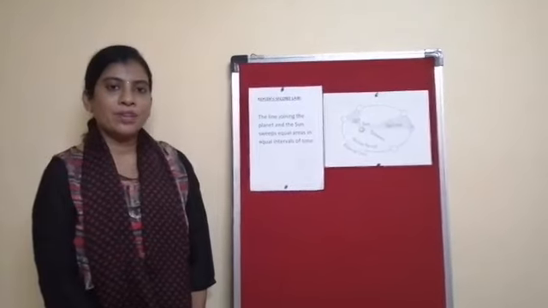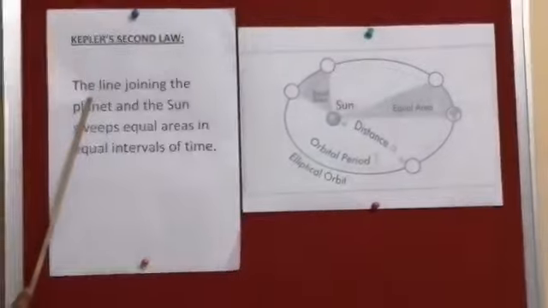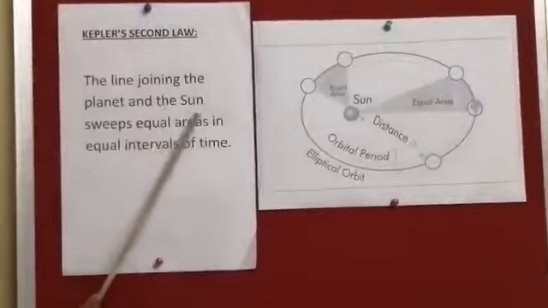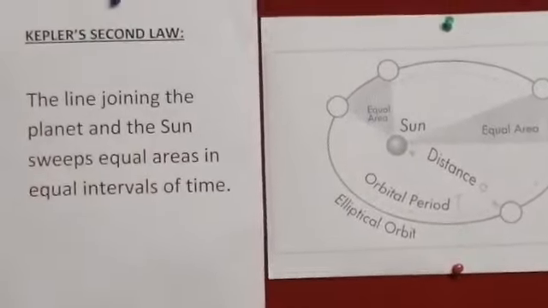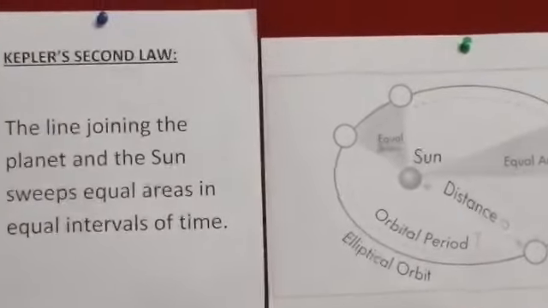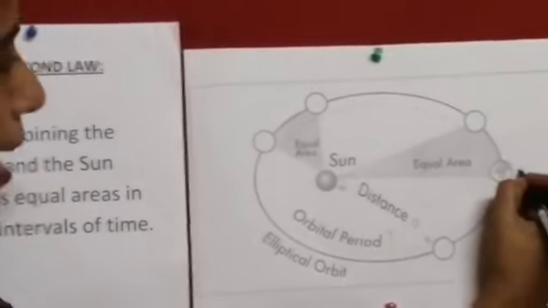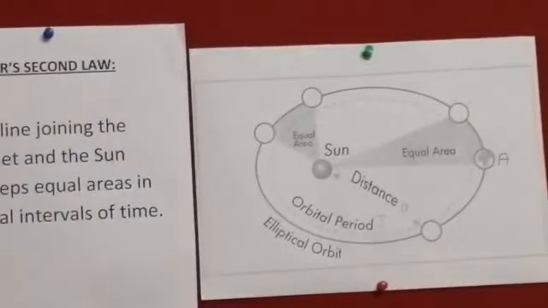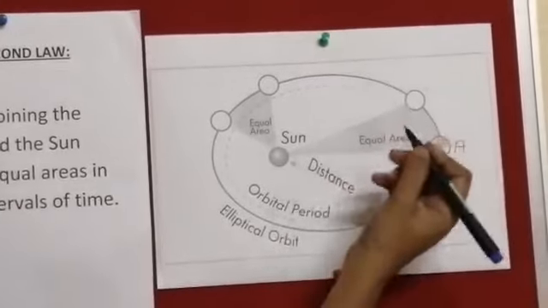Now let's begin with Kepler's second law. We'll see the statement of Kepler's second law. The line joining the planet and the sun sweeps equal areas in equal intervals of time. Now I'll explain this. Just have a look at this diagram. You can see a planet over here. That position we will consider as position A. After some time interval, for example, you can consider a time interval of 10 minutes.